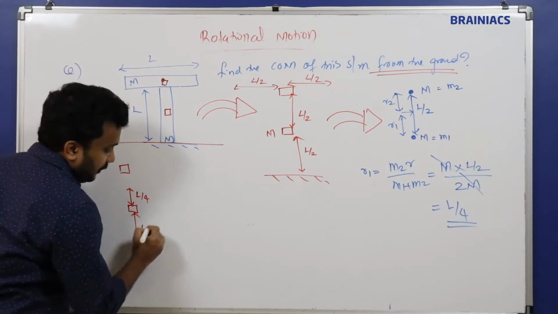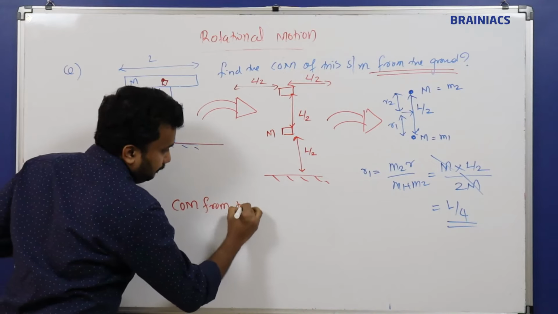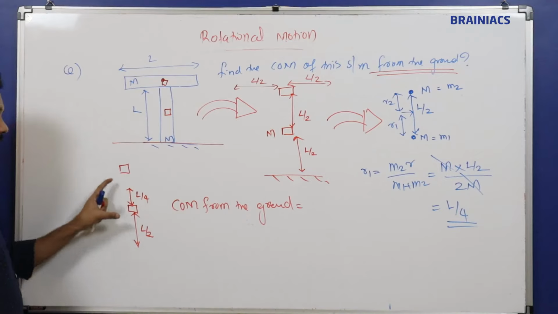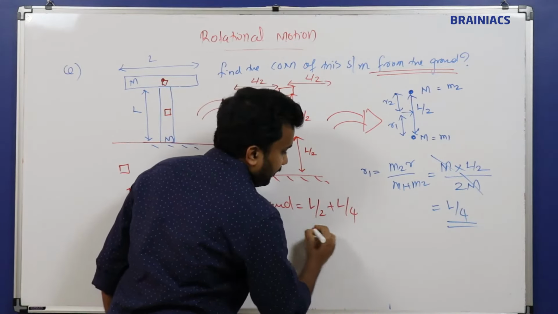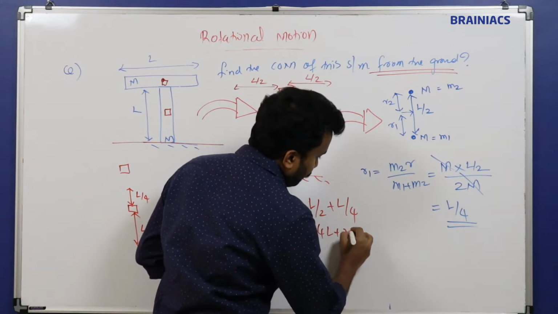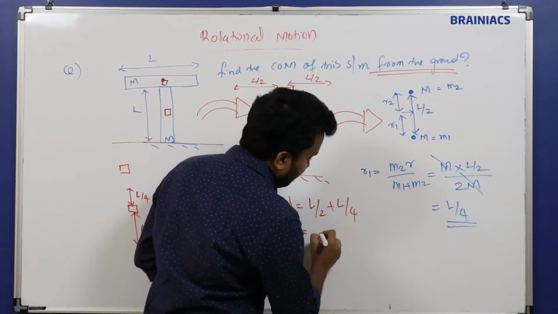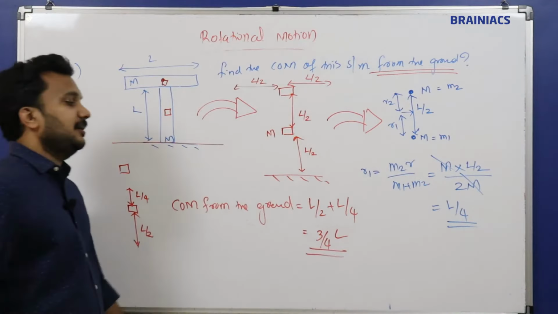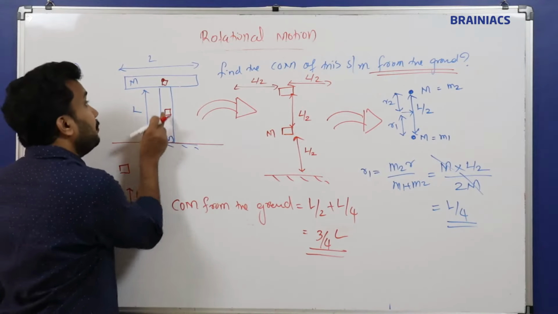So the center of mass from the ground is equal to L by 2 plus L by 4, which is 0.5L plus 0.25L, so 3 by 4 L, 0.75L. So 3 by 4 L distance from the ground.